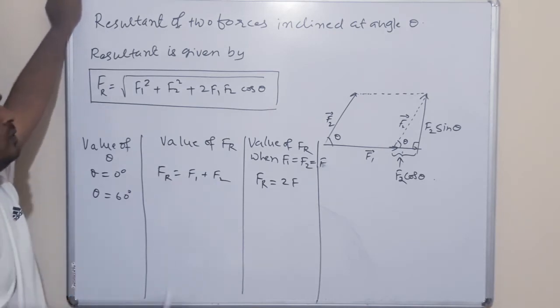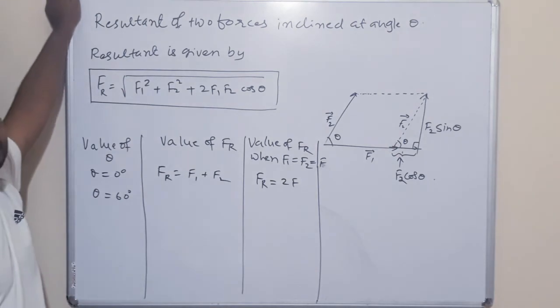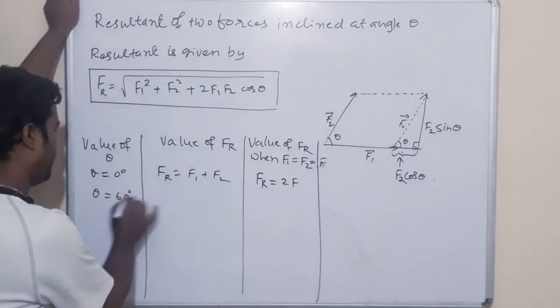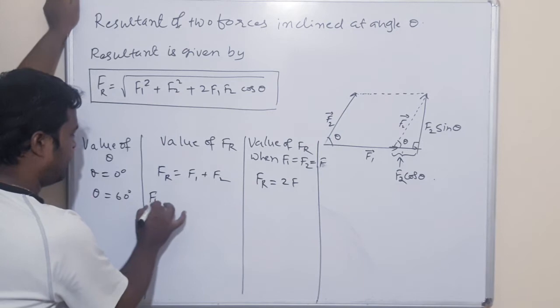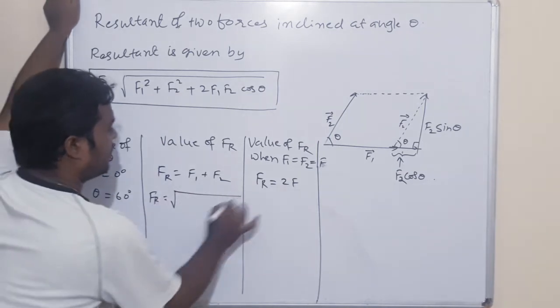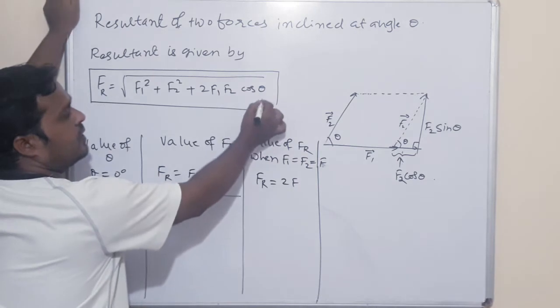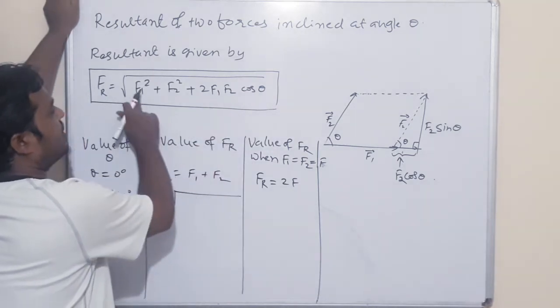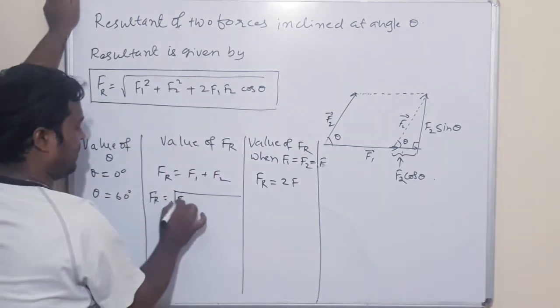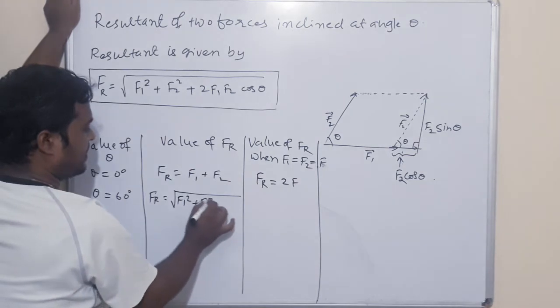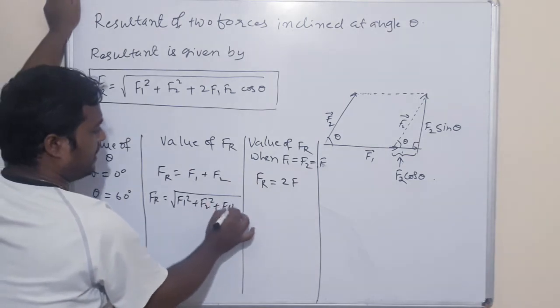If theta is equal to 60 degree, I will select only those values of angles which we commonly come across while solving the force between multiple charges. Then if theta is equal to 60 degree, the resultant will be root of, see, this is 60, cos 60 is half, these two get cancelled. Inside root I will get F1 square plus F2 square plus F1 F2.